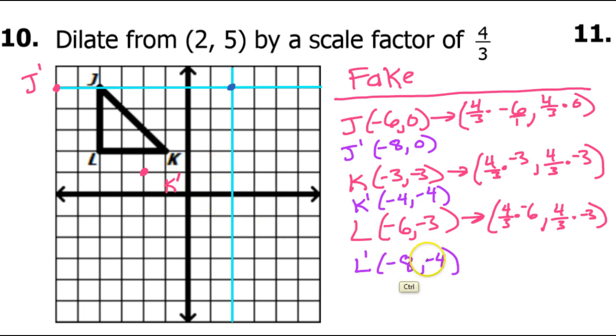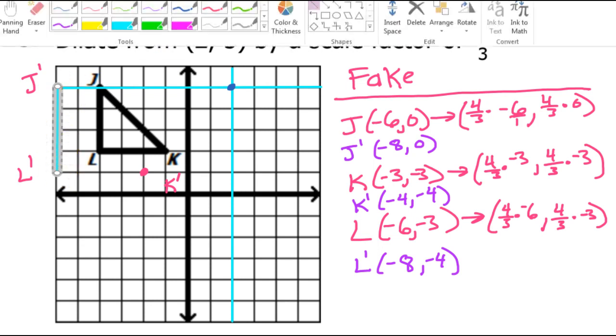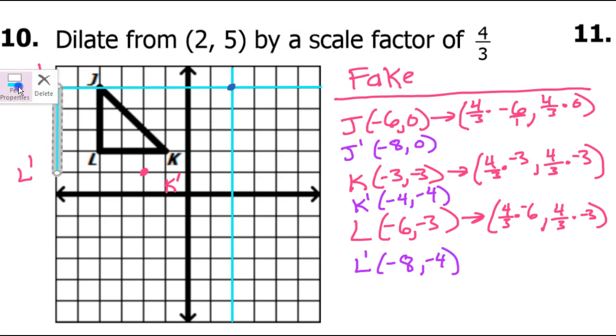And then -8, -4 is going to be right here. And that will be my L prime. And then you just connect the dots. Okay, and I think I would prefer this to be red. And that's it. That's how you do number 10.